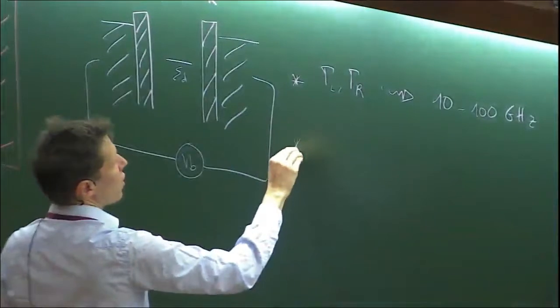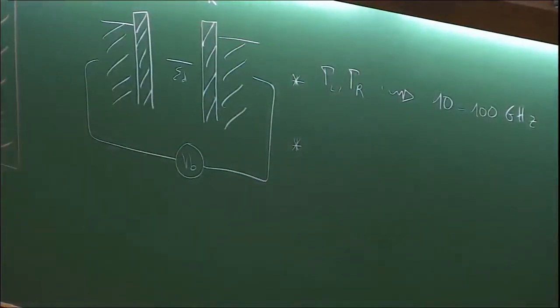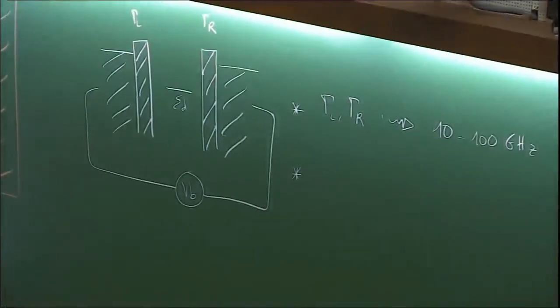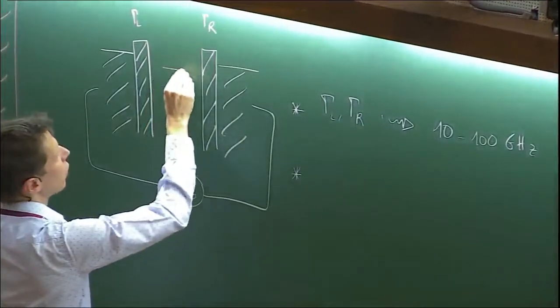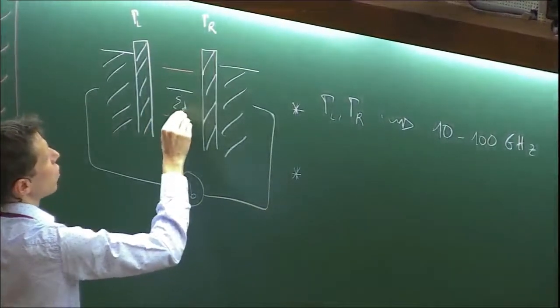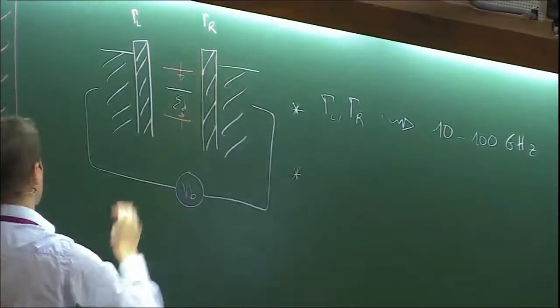For example, if I now apply a magnetic field in the system, I will split the energy levels into spin up and spin down.